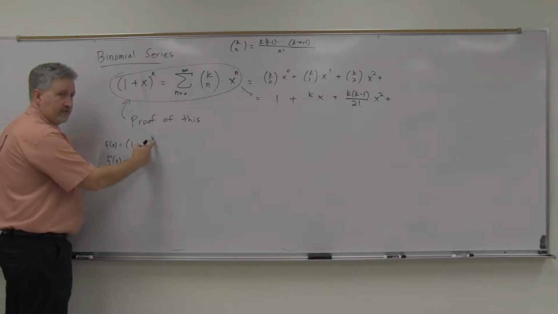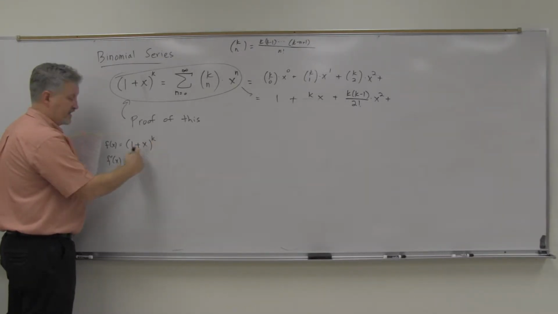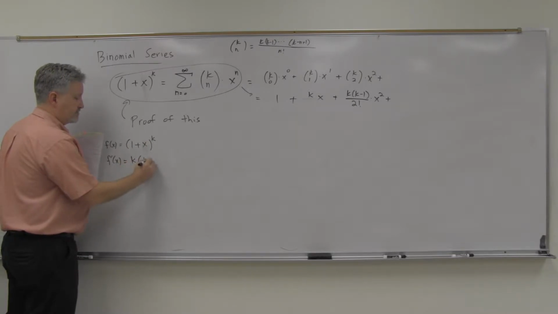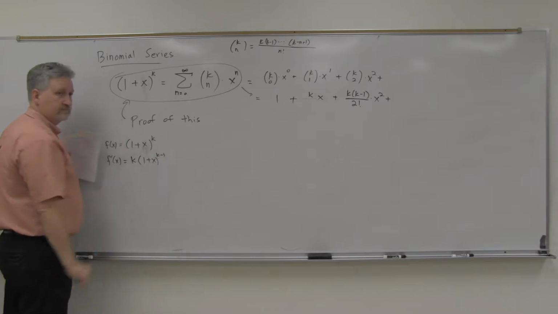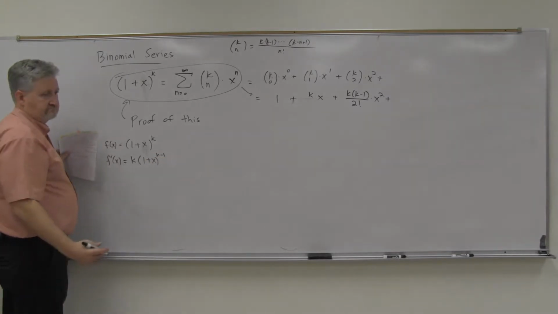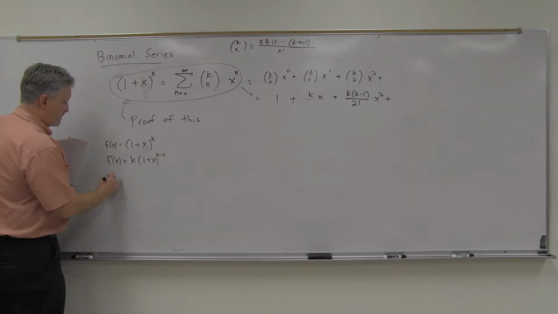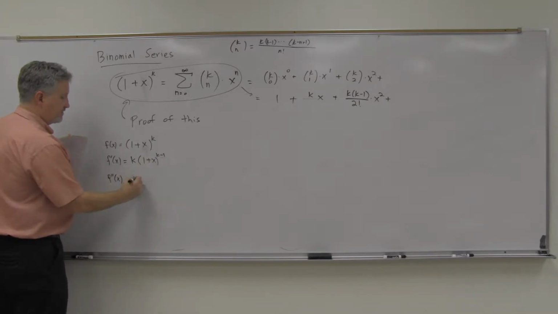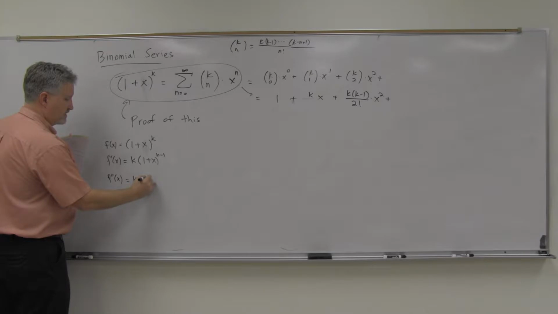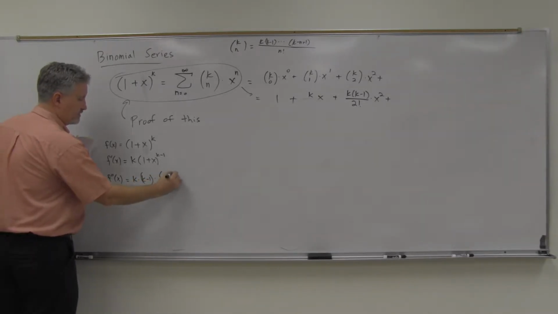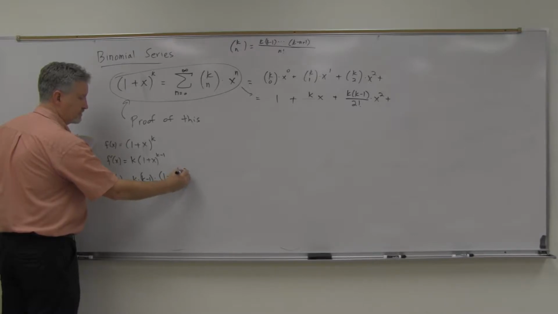Well, k is just a number, so it's just the power rule. Bring down the power, and then subtract 1 from the power to get the new power. And so the second derivative, we bring down the power, so it'd be k times k minus 1 up front, times the new power, which would be k minus 2.